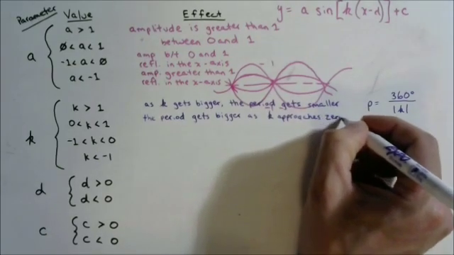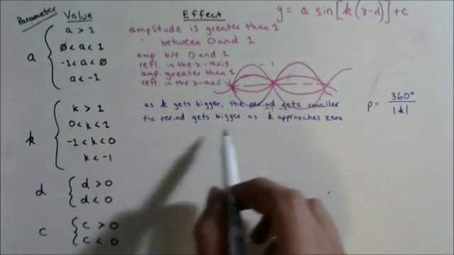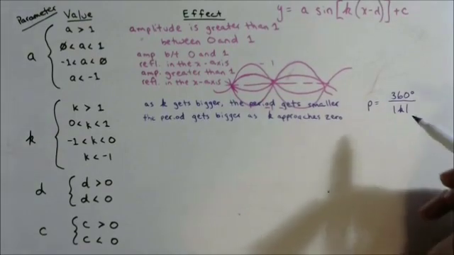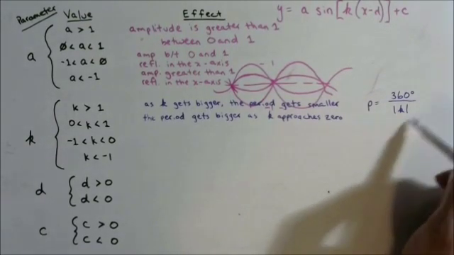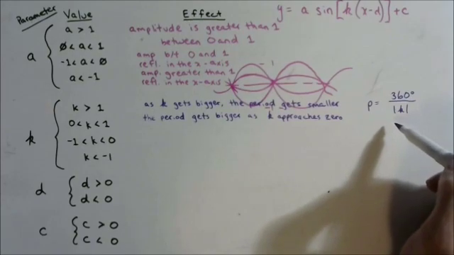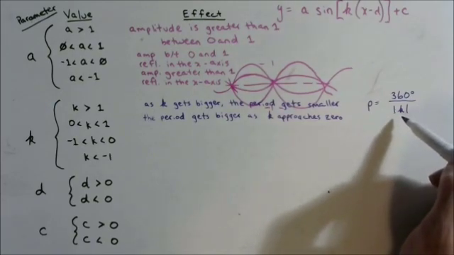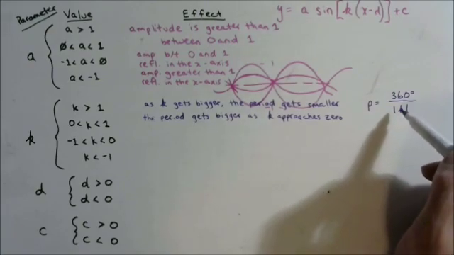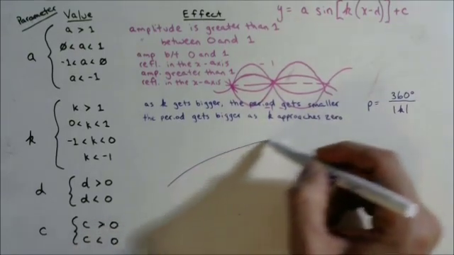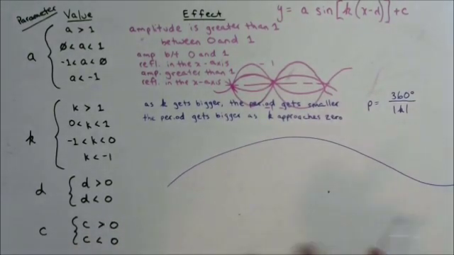And that's just the opposite of what we wrote above. The period gets bigger as k approaches 0. Basically what that means is as your denominator gets smaller, the fraction as a whole gets bigger. So as k tends toward 0, if it were 0.2 or 0.1 or 0.05, as it gets smaller, the period length is going to get bigger and longer, and this thing's going to get more and more stretched out. Okay?